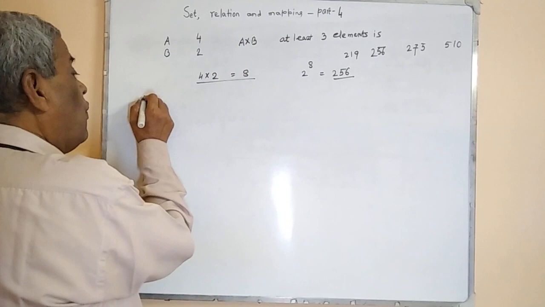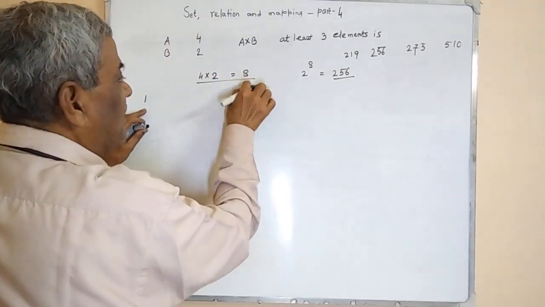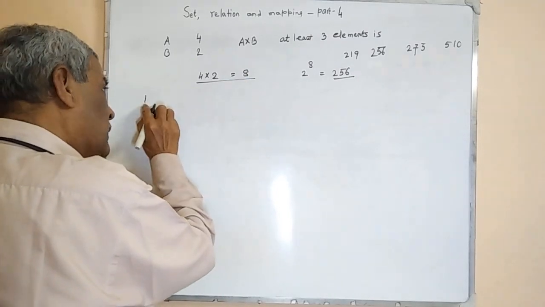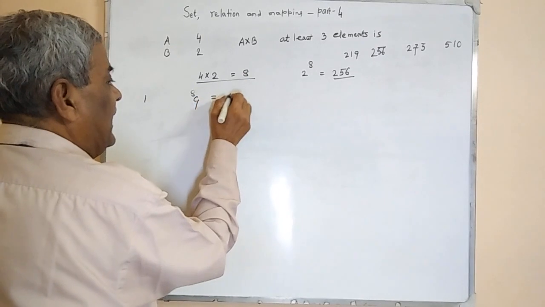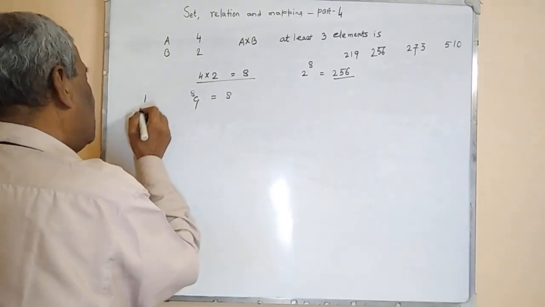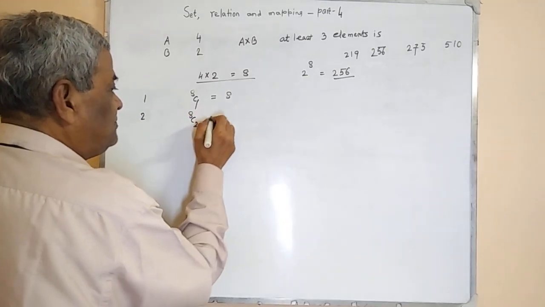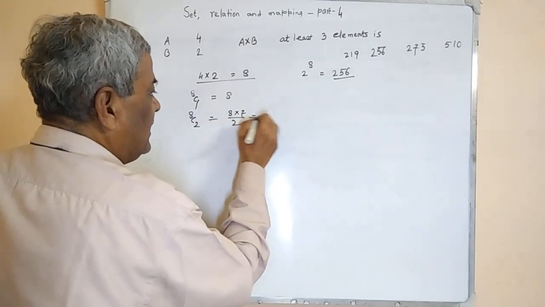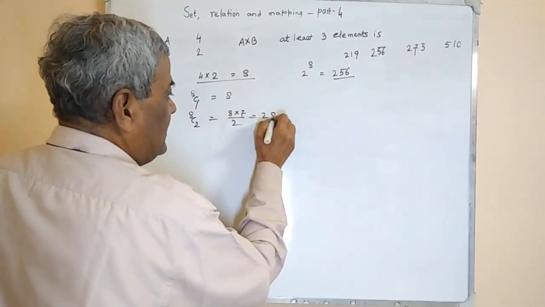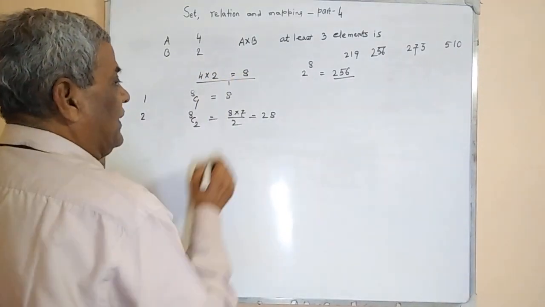Containing one element: A cross B has 8 elements, so it is 8C1, that is 8. Containing 2 elements is 8C2, it is 8 times 7 by 2, 28. And the null set is simply 1.